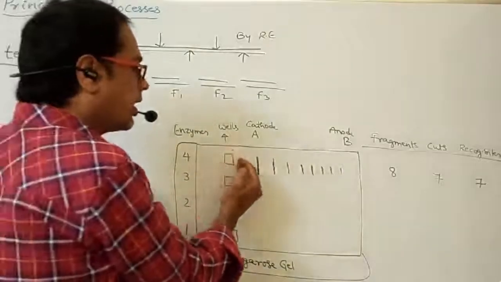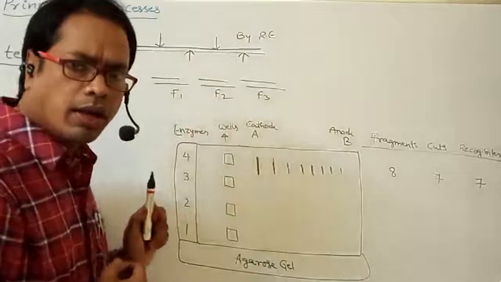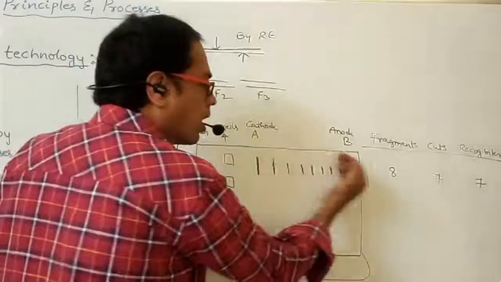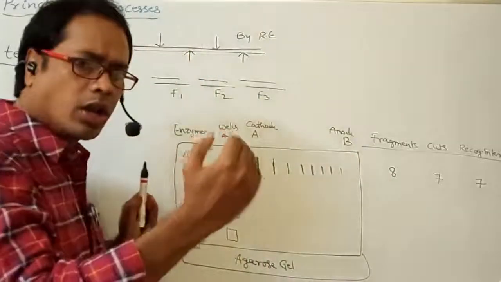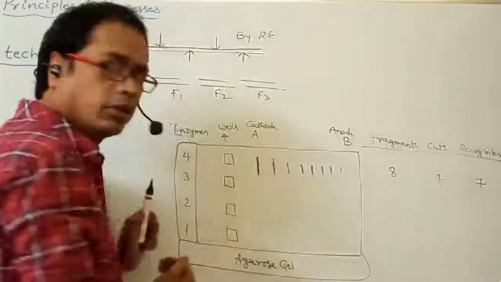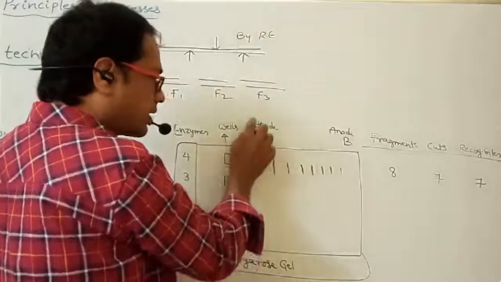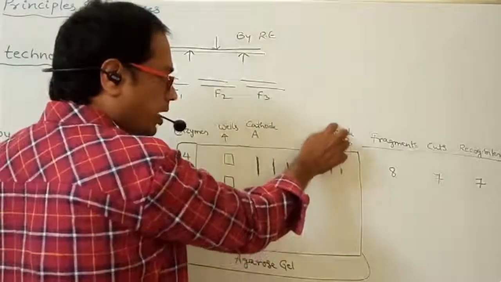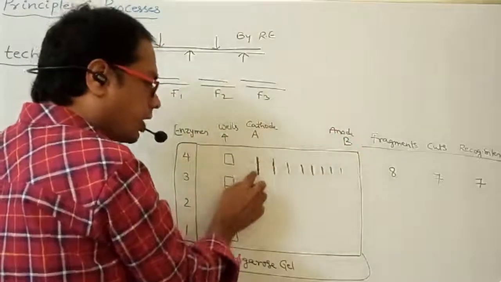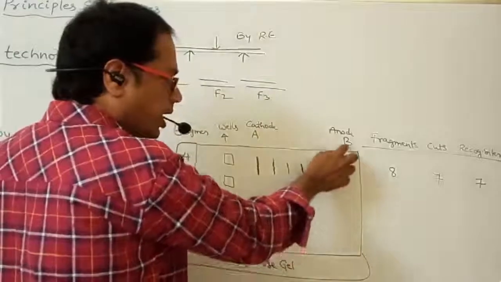The smaller DNA fragments will move farther away. Smaller the DNA fragments, farther away they move. A is the cathode, B is the anode. Largest DNA fragments are at A. Smallest DNA fragments are at B.